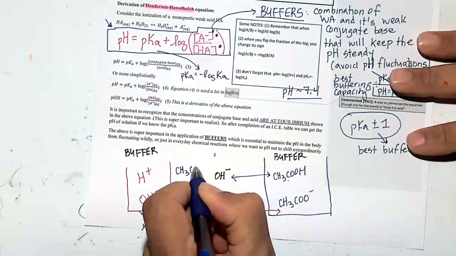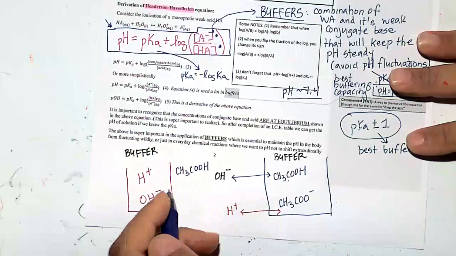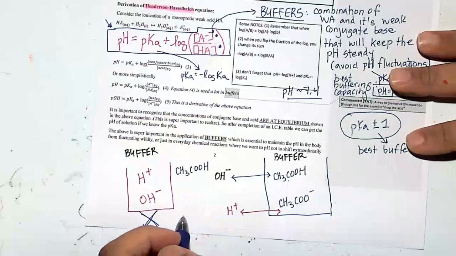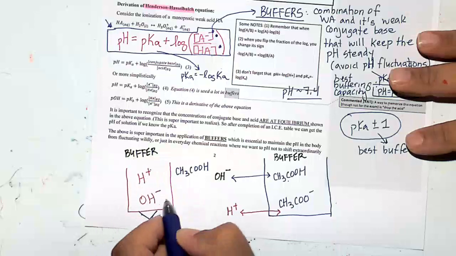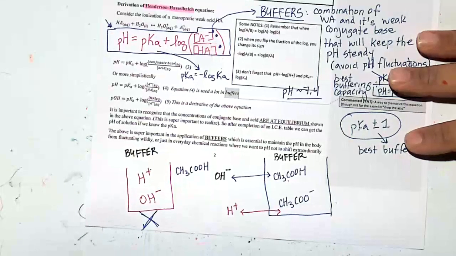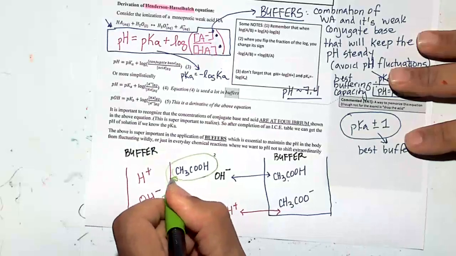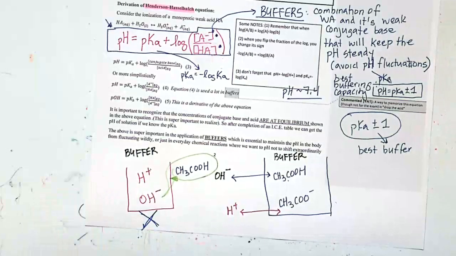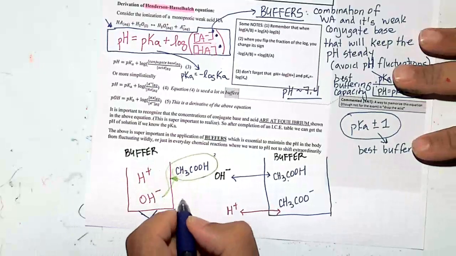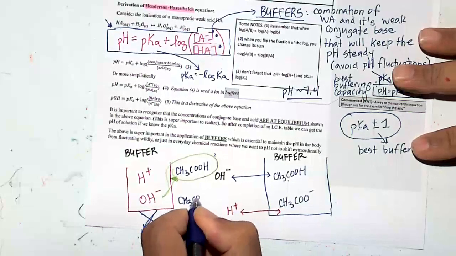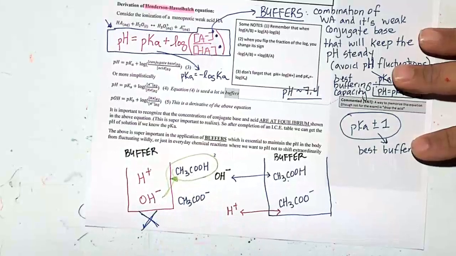You add CH3COOH, you add acetic acid. What will happen? This will devour it. It just swallows it up. Let's say you add a little bit of the weak acetate, the weak conjugate base.